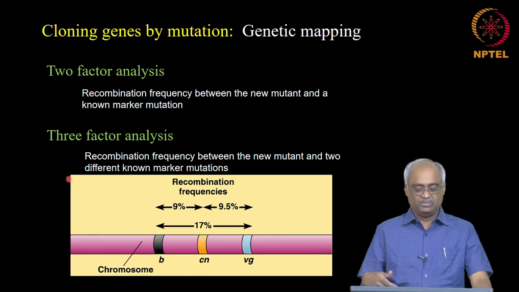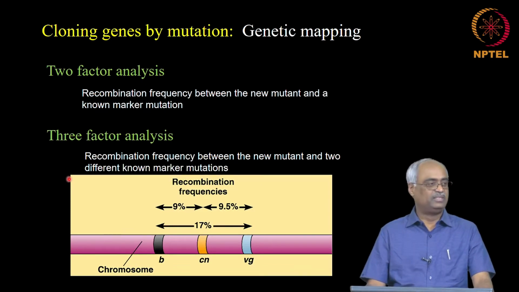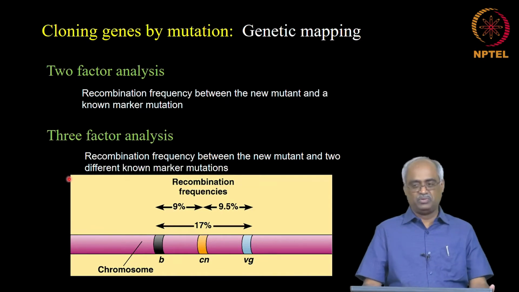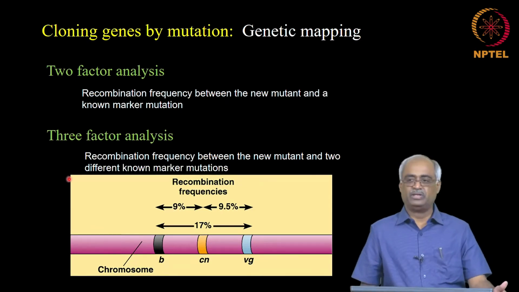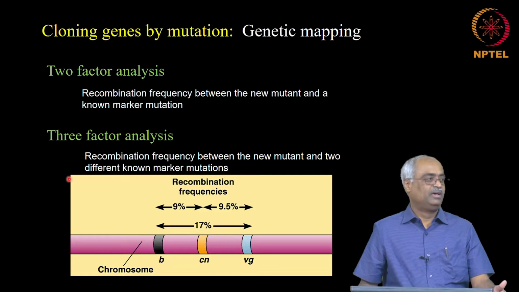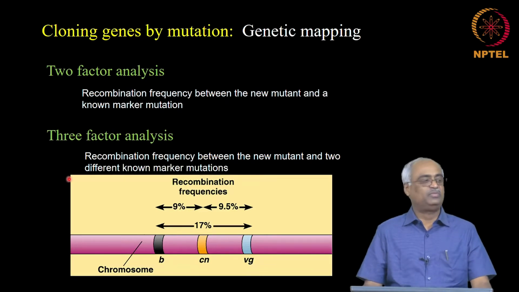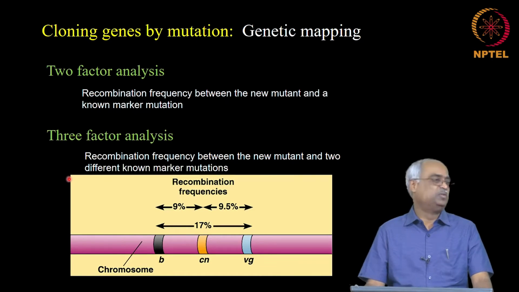Now, you do that Morgan's experiment. Okay. So, try to see the recombination frequency between your mutant allele and that known mutant allele. If you find they are independently assorting, then you know it is not on the same chromosome.